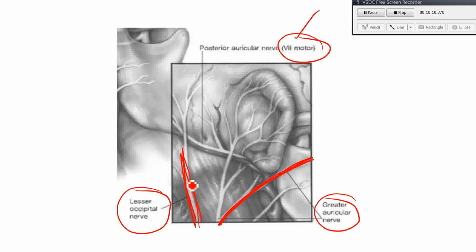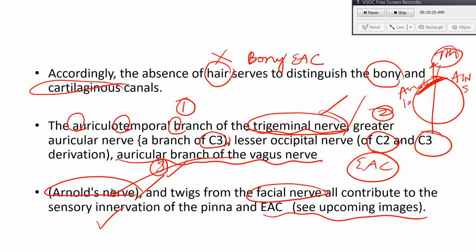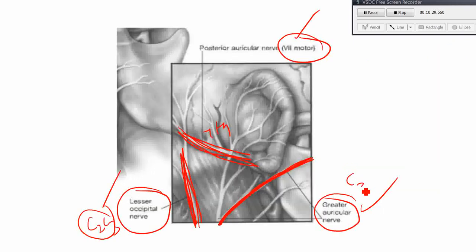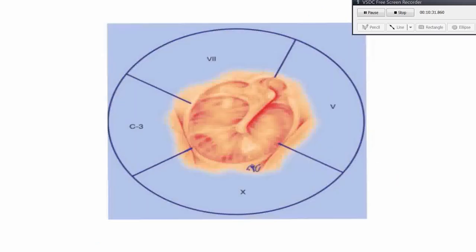And this is the lesser occipital nerve. And this is the posterior auricular nerve, a branch of the facial nerve. This is the seventh cranial nerve, and this is C2, C3, and greater auricular, which is related to C3.